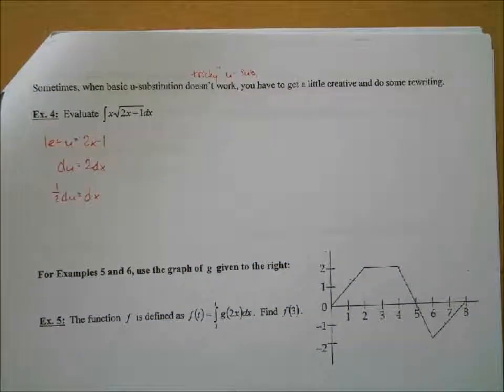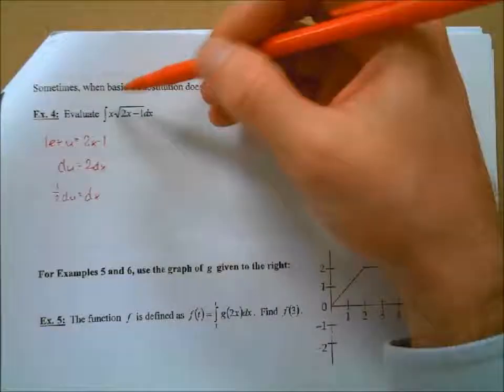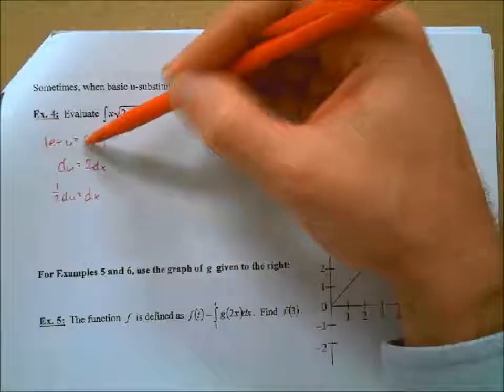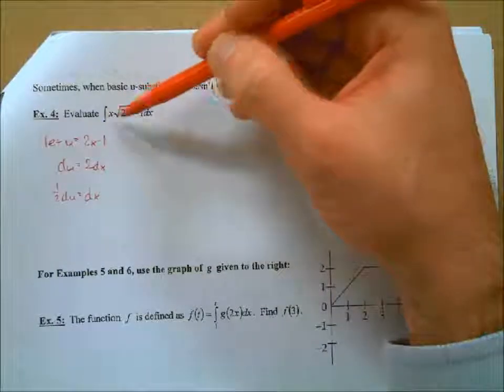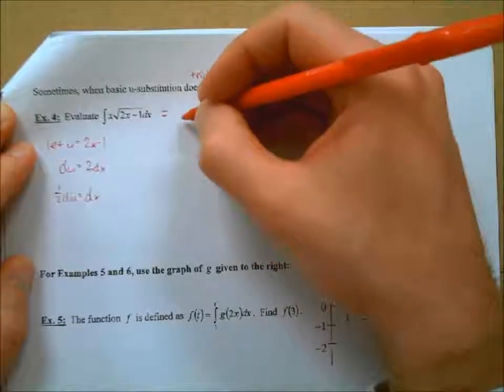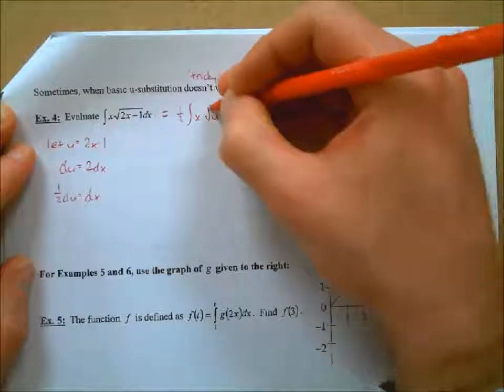We have this x in front here that we can't necessarily deal with, right? Because we let u equal 2x minus 1. But now we still have this x that's not accounted for. And again, you don't need to write this necessarily, but this is what we have right now. We have 1/2 integral of x times the square root of u du.